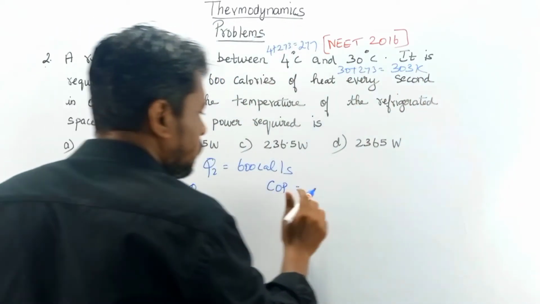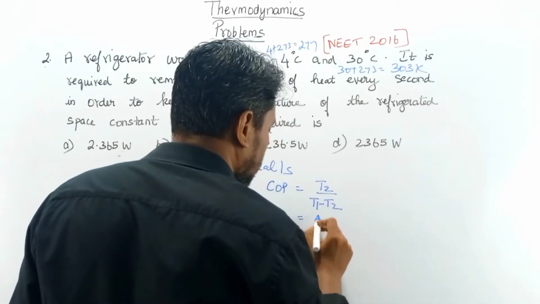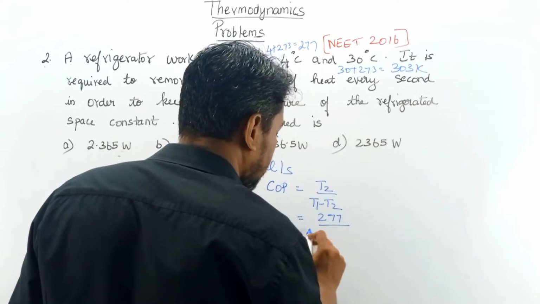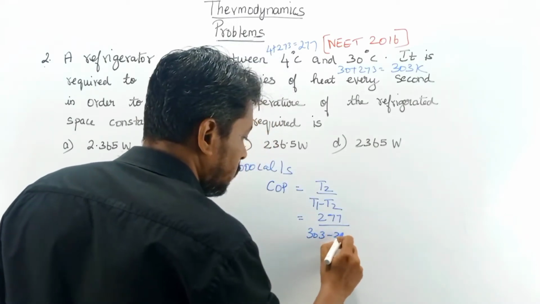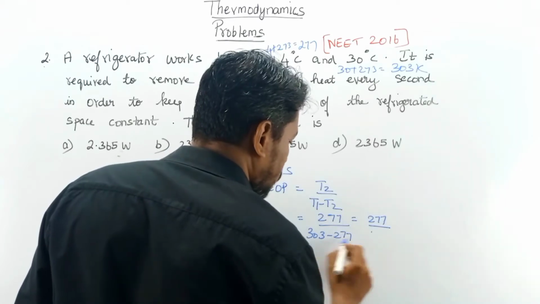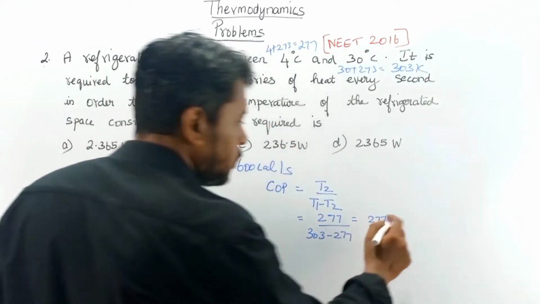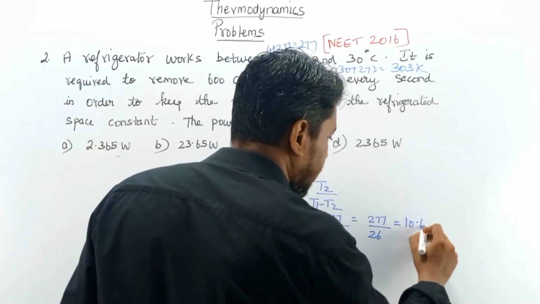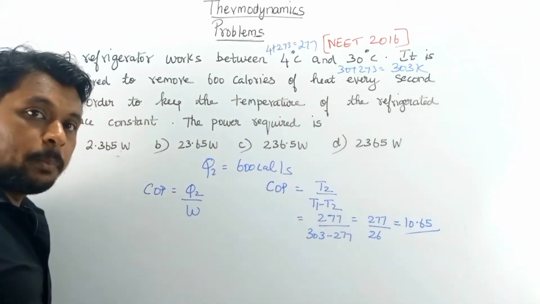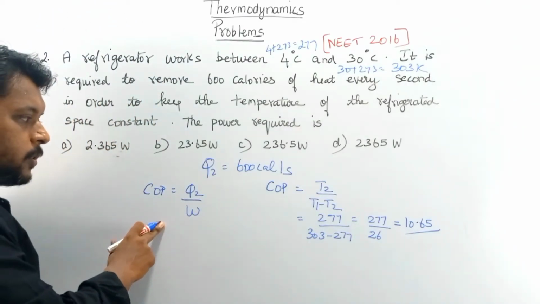So COP is nothing but T2 by T1 minus T2, which is equal to 277 divided by 303 minus 277, which is 277 by 26. So this value will be approximately 10.65. So the COP value is 10.65.